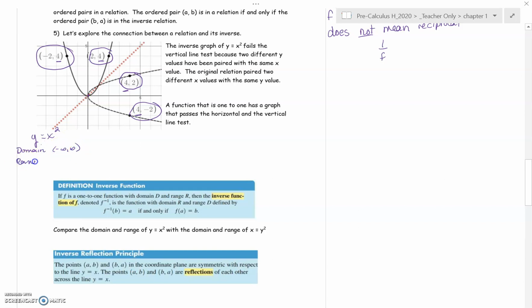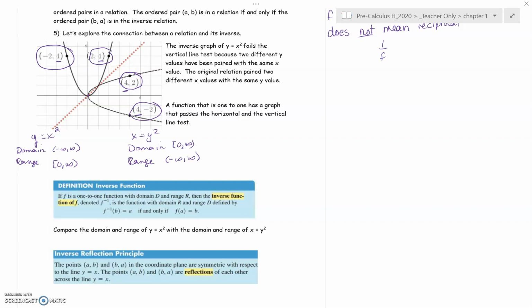The range was 0 to infinity. For x equals y squared, the domain was 0 to infinity, and the range was all real numbers. So notice that the domain of the original is the range of the inverse, and the range of the original is the domain of the inverse, again, because we switched the x's and the y's.